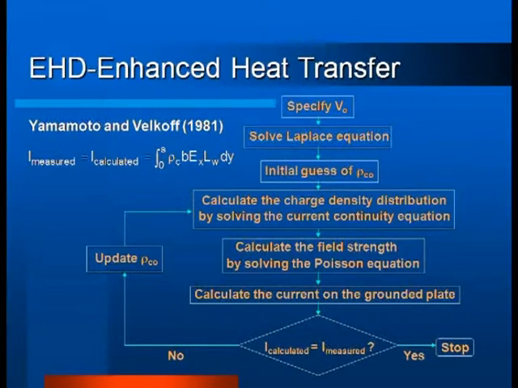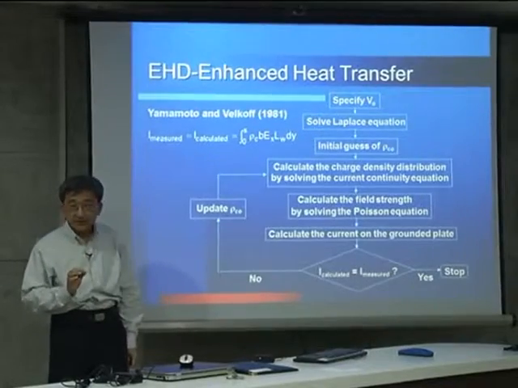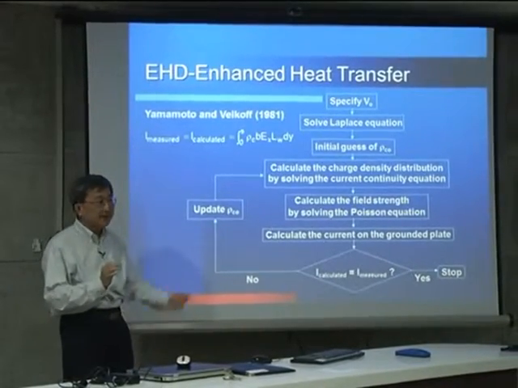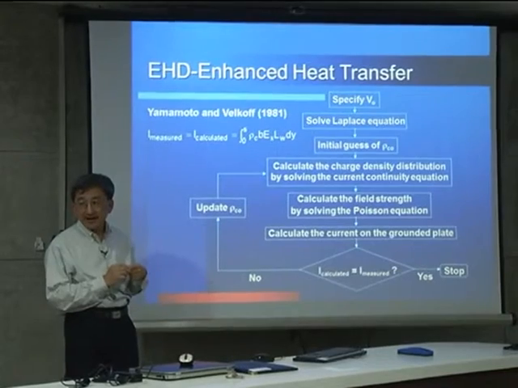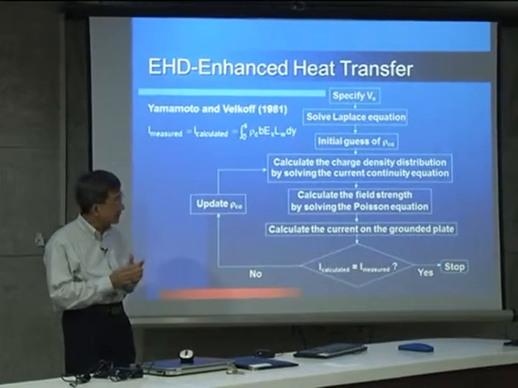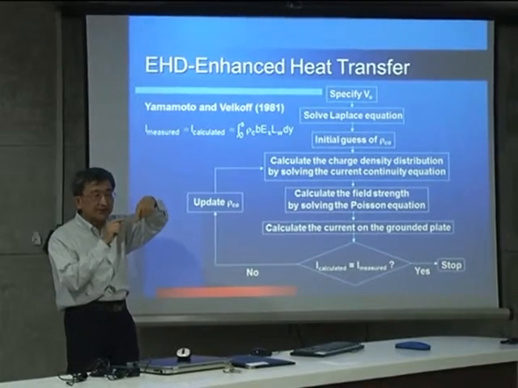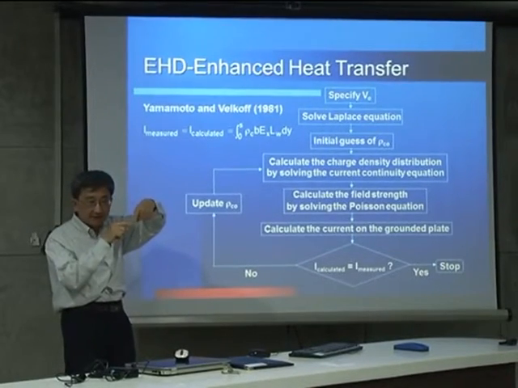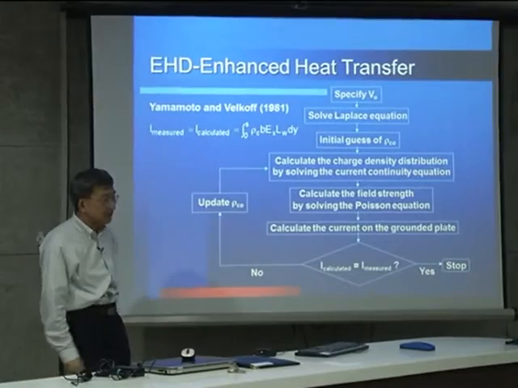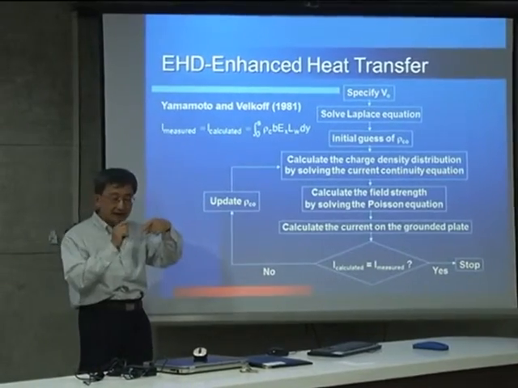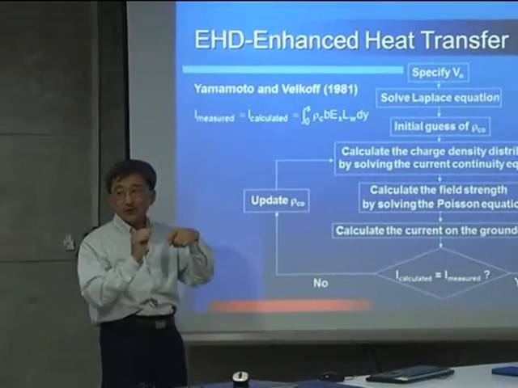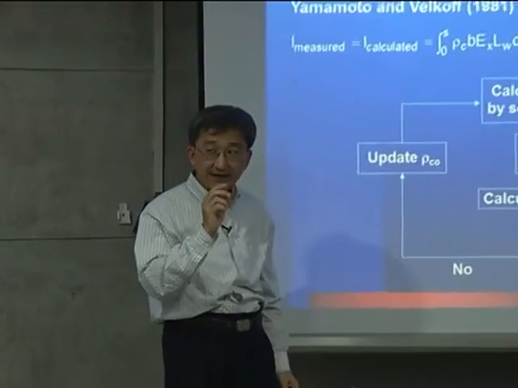emitting electrode, okay? All these commercial packages apply an empirical correlation to assign the value at this emitting electrode, and there's also an empirical constant.